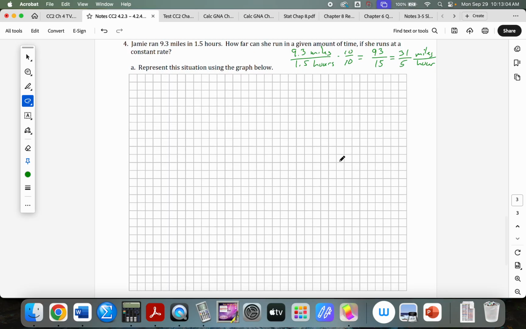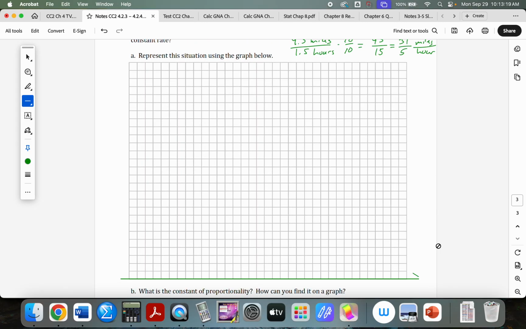So let's graph this. So this is going to be time in hours. And this will be distance in miles.